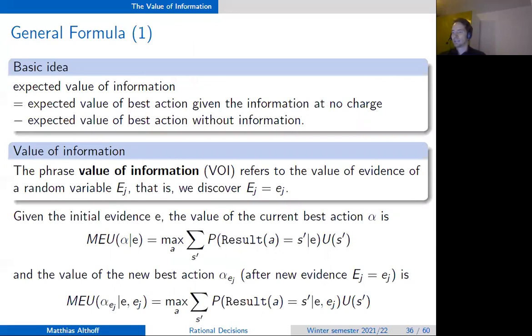alpha is then, so we cannot use a specific A because we want to choose the best A. So alpha stands for the best action, and alpha with index E, which with another index J, means the best action given the evidence EJ. So that's what this means. So here it's also said the value of the current best action alpha.